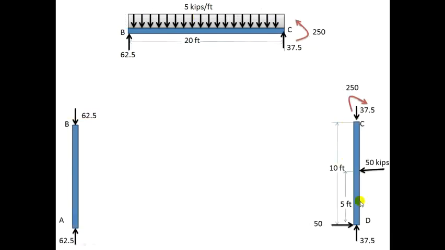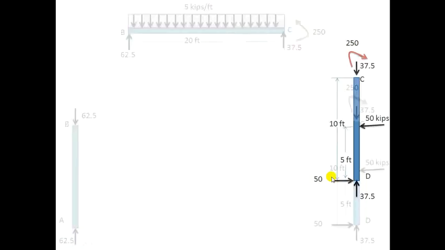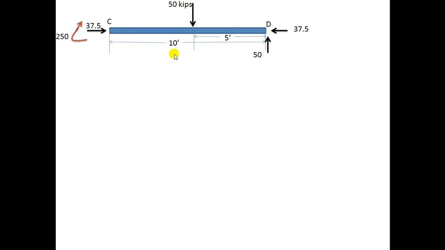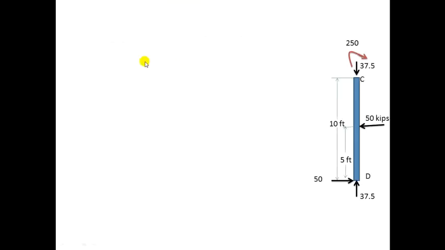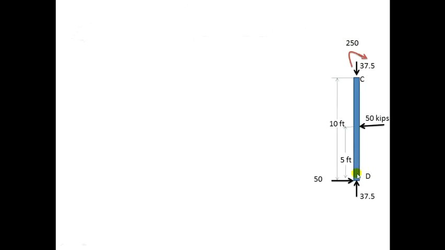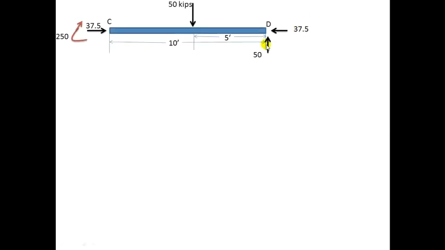for this member by the same method. This is the member. For my simplification, I will rotate it and take it as horizontal, as you can see it now. This is the horizontal member. C member came here and D member came here, and the forces are also rotated as they were.